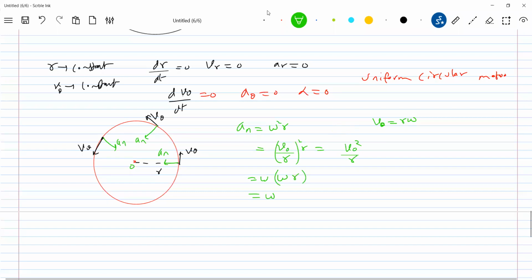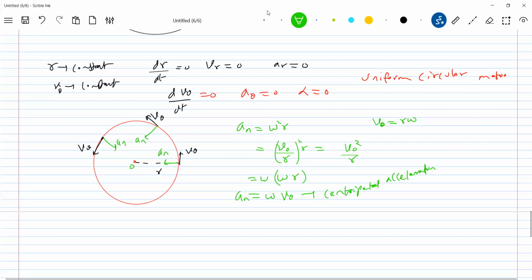What is omega r? It is v theta. So this is called centripetal acceleration. I think you are very familiar with this. Rather than radial acceleration, it is better to call it centripetal acceleration. Okay, this is the condition of uniform circular motion.